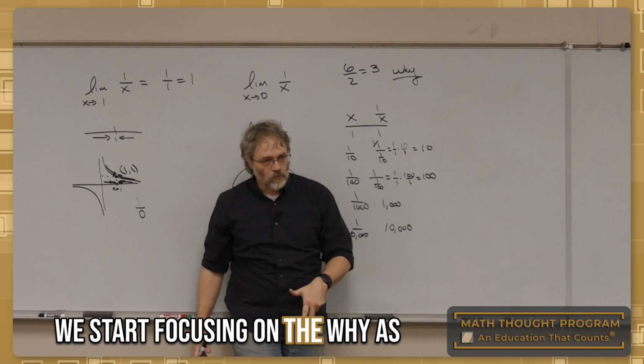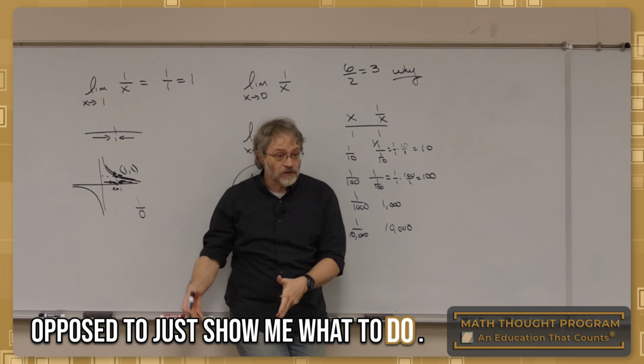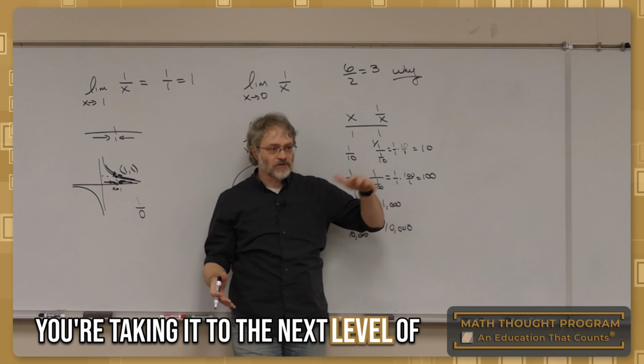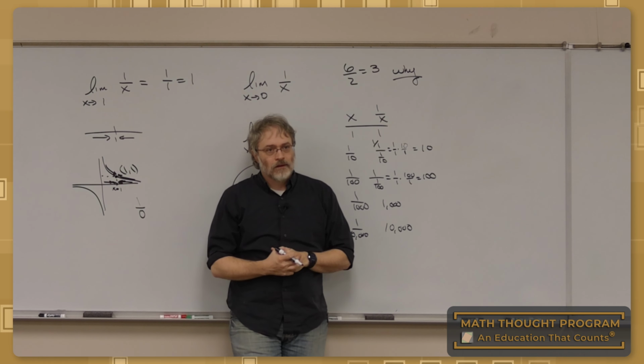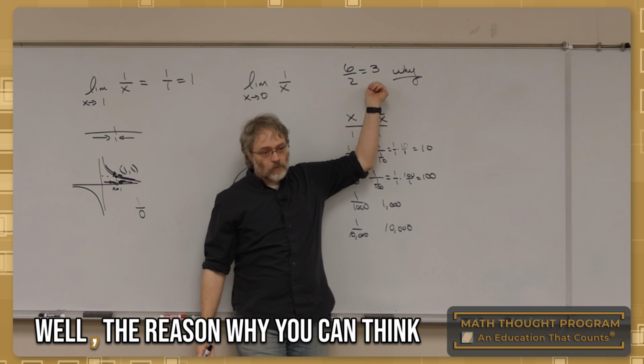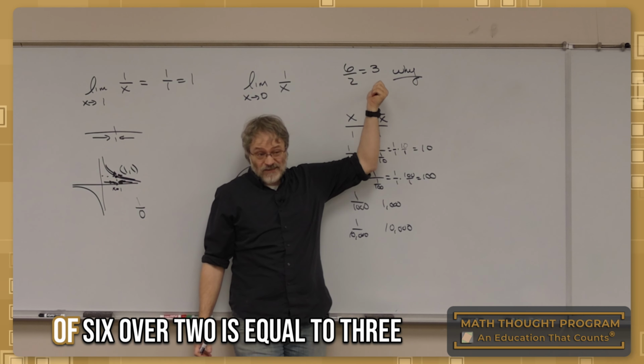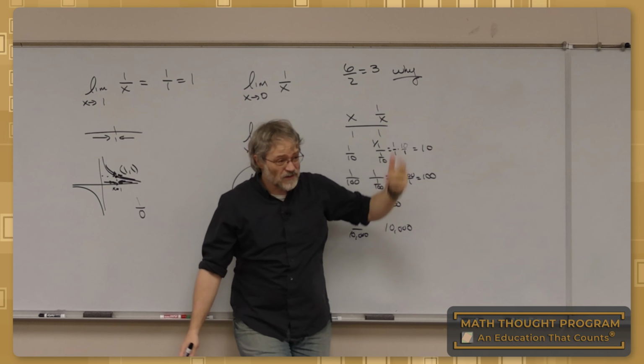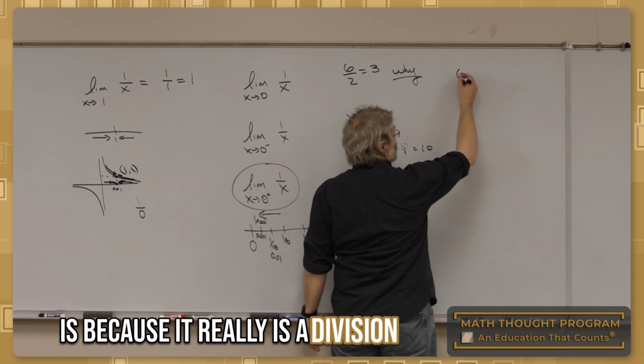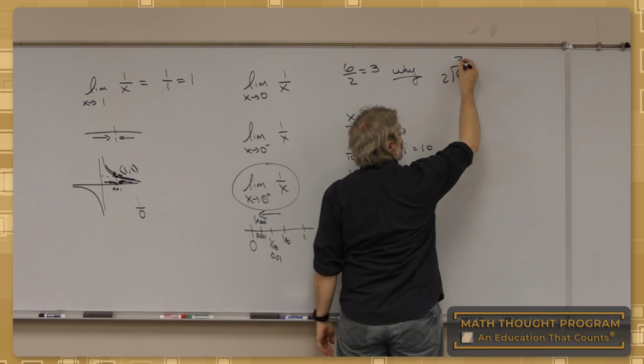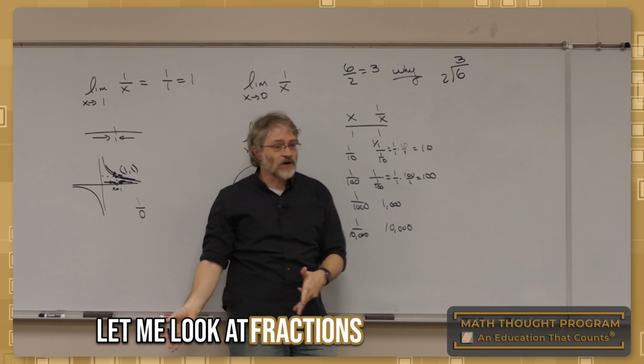And when you start focusing on the why as opposed to just show me what to do, you're taking it to the next level of understanding. Well, the reason why you can think of 6 over 2 is equal to 3 is because it really is a division problem when you look at fractions.